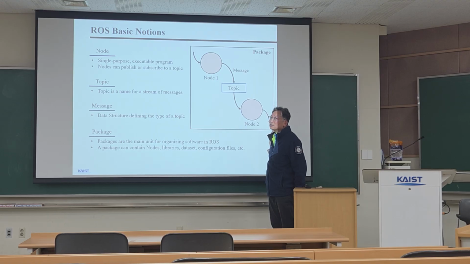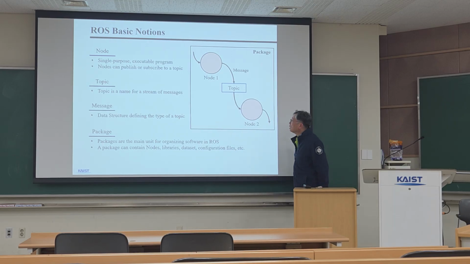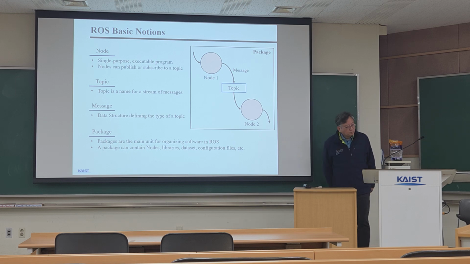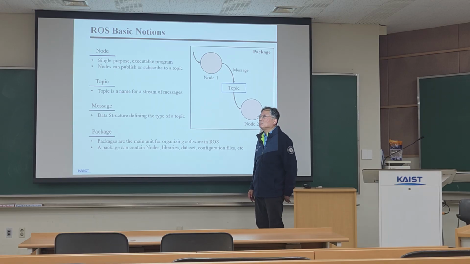A topic is communication between the nodes, and you're sending messages between these nodes. Okay. So, why am I showing you this? For object detection, why is this very important?